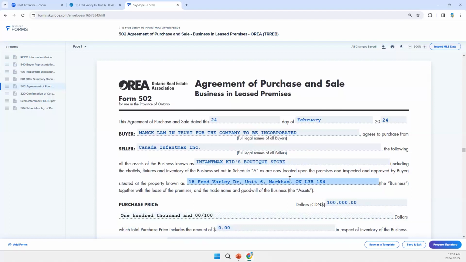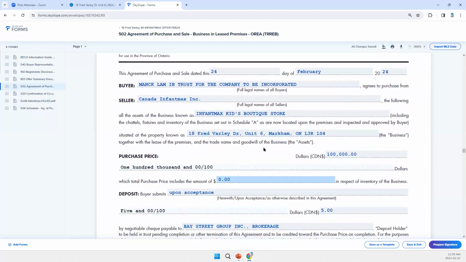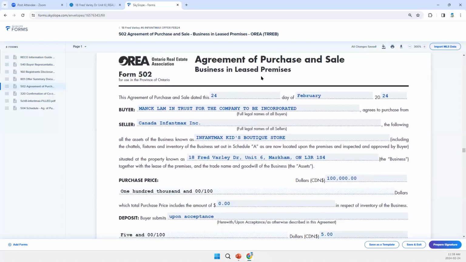Now we move to 502. 502 is the what? Business in permit. That means no property. So that's good. Don't pick the wrong form, right? And then this is the buyer, as I mentioned, and the seller. Now the business name: in the listing, they only use the short name, right?